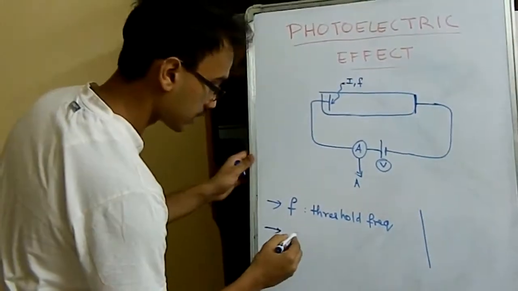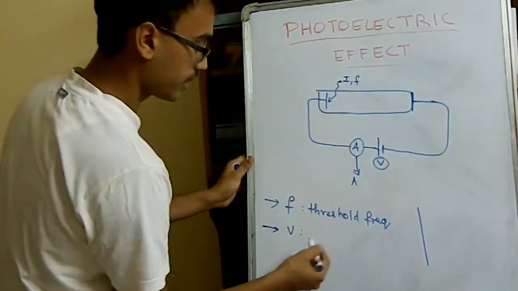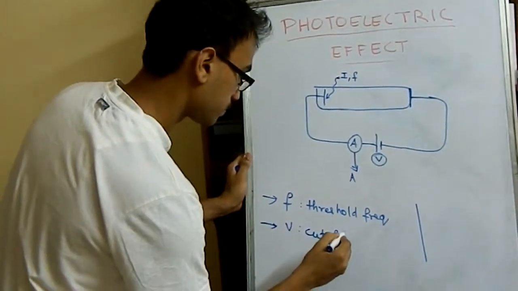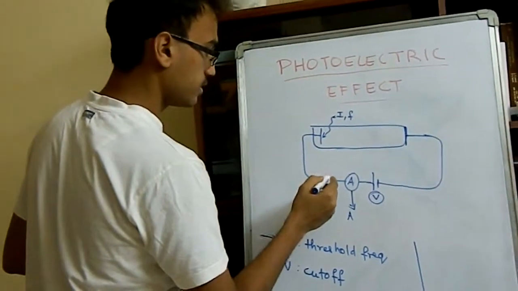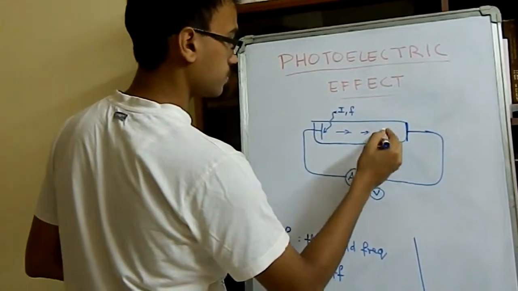Second, there is a voltage called the cutoff voltage. This is the direction of motion of the current.